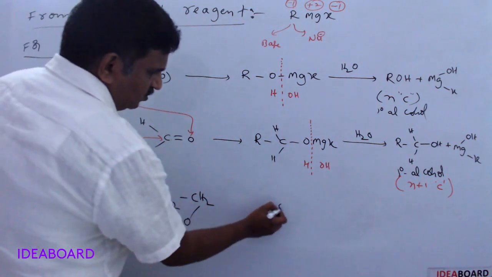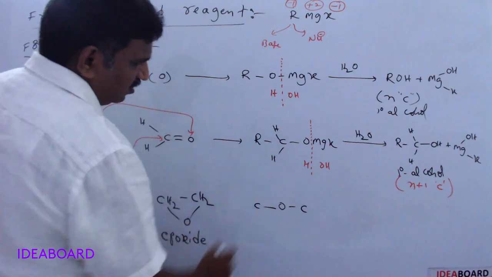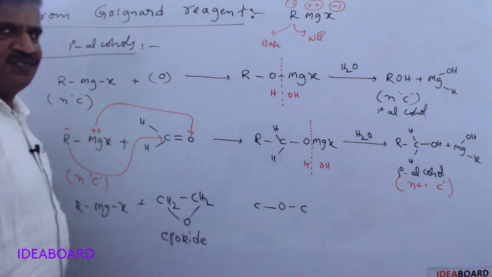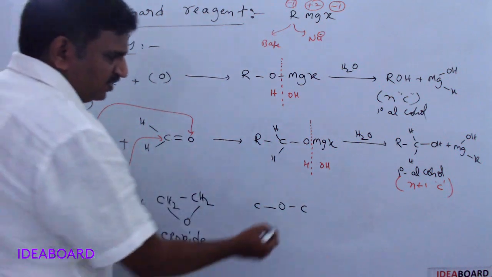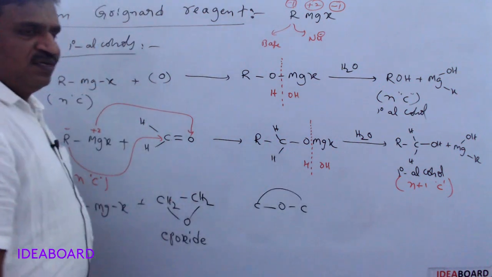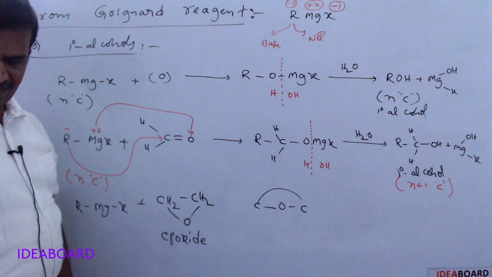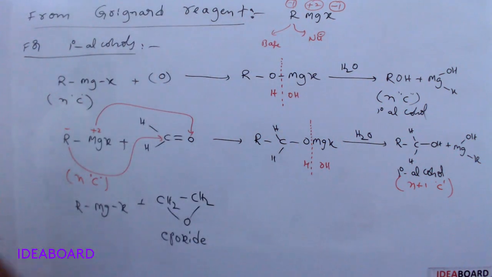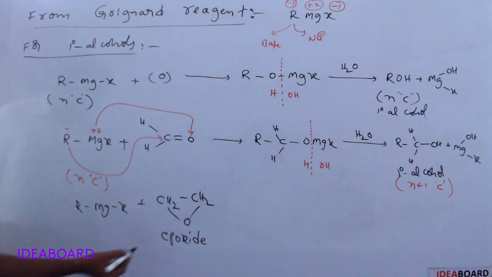Ether means oxygen, carbon, carbon. These carbon, oxygen, carbon containing compounds are commonly called ethers. When they have a cyclic ring, they are called cyclic ethers. These cyclic ethers are commonly called epoxides or oxiranes, and this epoxide is reacting with Grignard reagent.